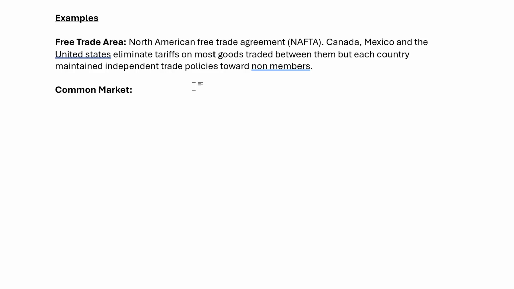So that's an example of a free trade agreement, which is the arrangement between Canada, Mexico, and the US.